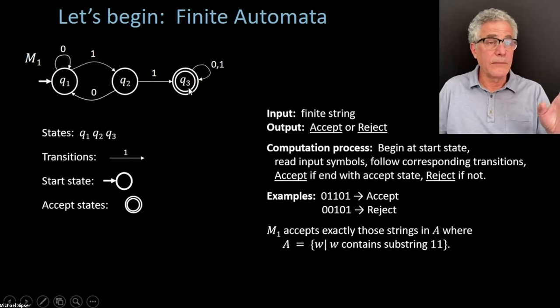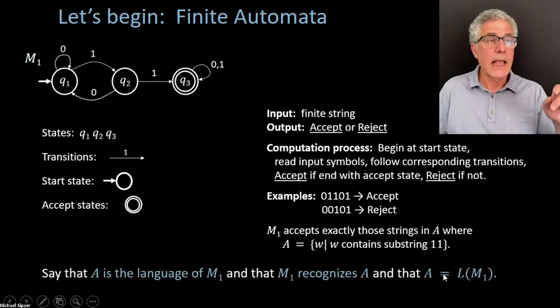I encourage you to think about that for a minute, if not immediately obvious, but those are the strings that are going to be accepted by this machine. And we call that collection of strings the language of the machine.